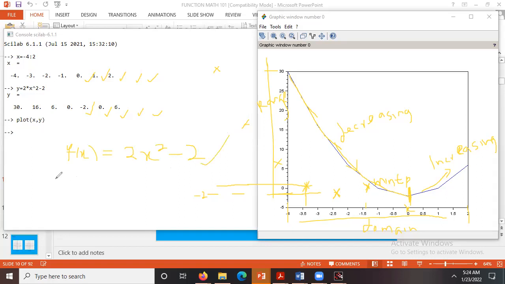Now let's take another polynomial function, say f of x. We want to see the turning point properly and understand some other properties of graphs.